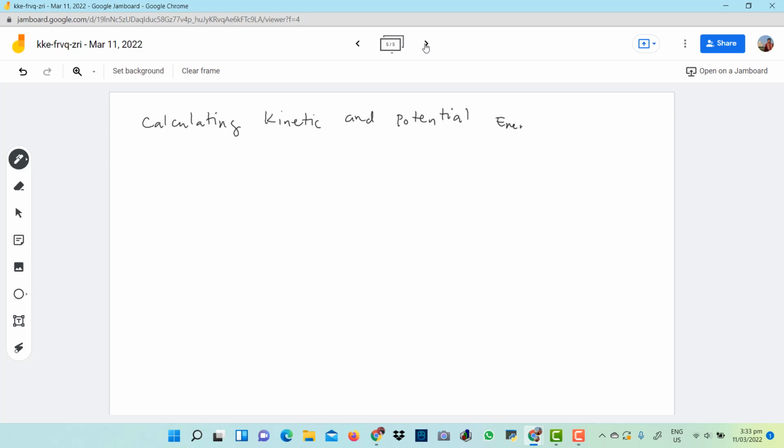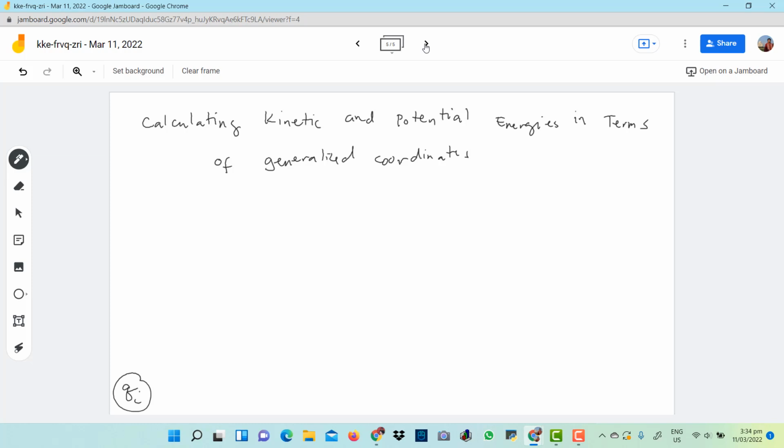Okay, potential energies in terms of generalized coordinates. Take note ha, ang atong notation for generalized coordinate is not in XYZ, it's not in R theta phi, but it's all about Q's. Okay, kung may ko Q i's, it means that this notation is for our generalized coordinates.